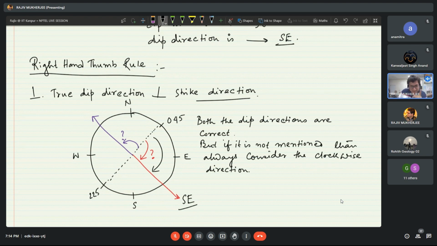This applies if the dip direction has not been mentioned in the problem. If it is mentioned, then of course you have to take that direction, because a strike has two ends. It has a 045 end and it has a 225 end. Now there also comes a question.